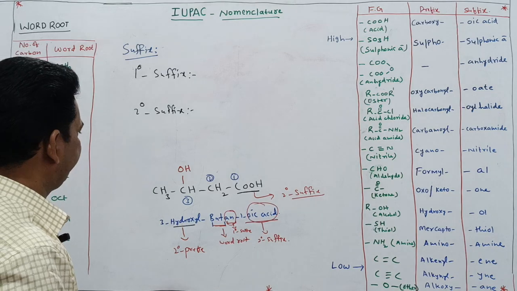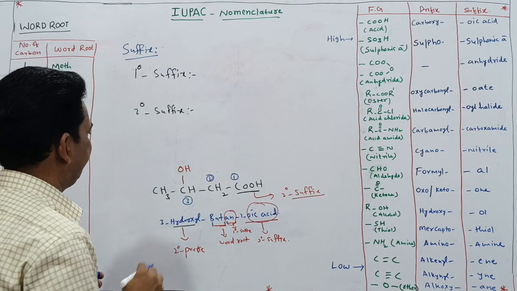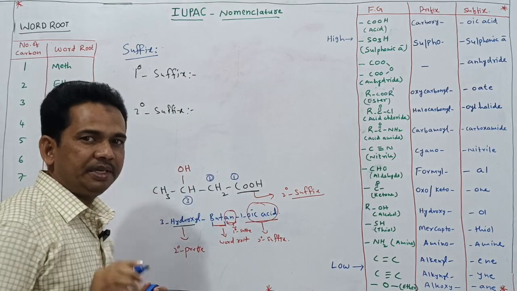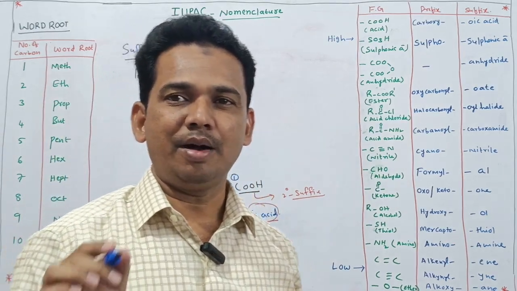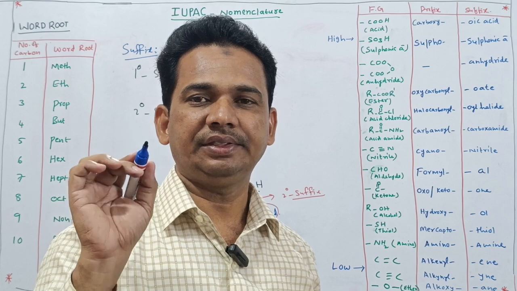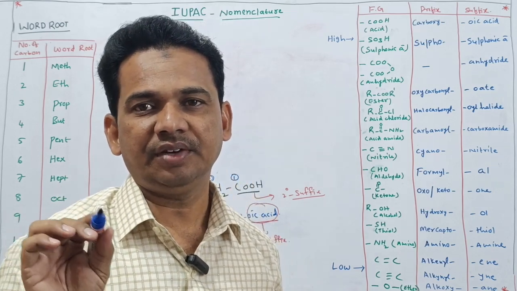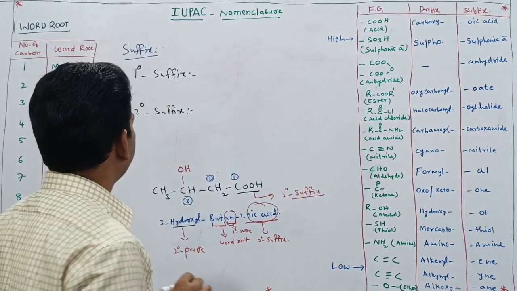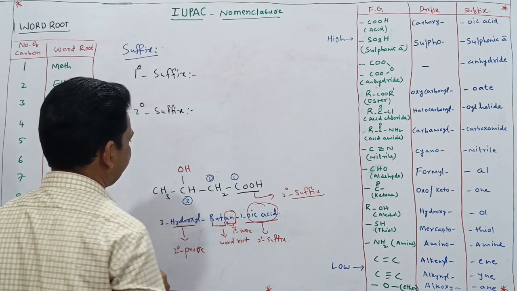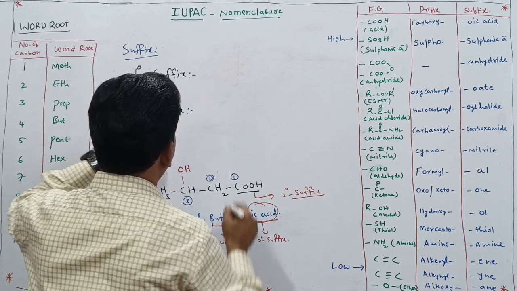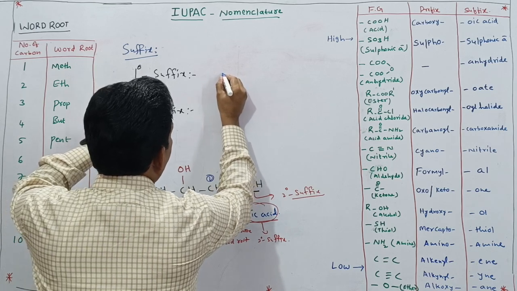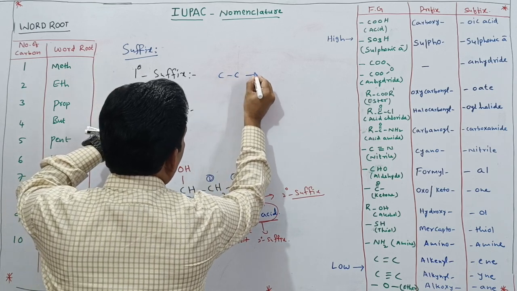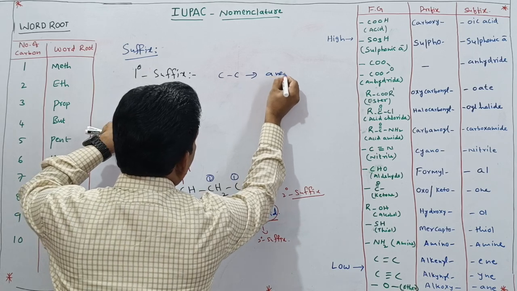Now go one by one. First we take the primary suffix. The primary suffix tells about the composition of that particular chain, the nature of that particular compound. If it has a carbon-carbon single bond, it is called ane.